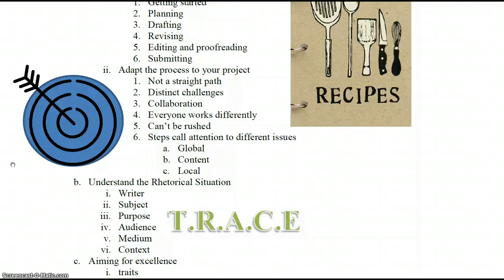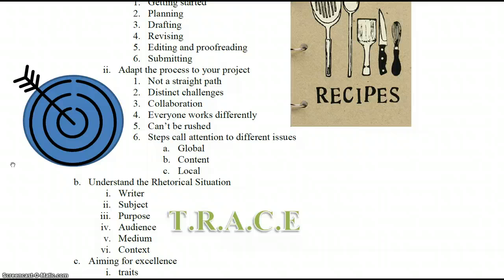Then we have content issues, and then we have local issues like grammar and punctuation. So this just kind of helps you see that there are different layers to your own writing. And so I wanted to point that out and make sure you read that description. I think it'll really help you understand the different parts of an essay.